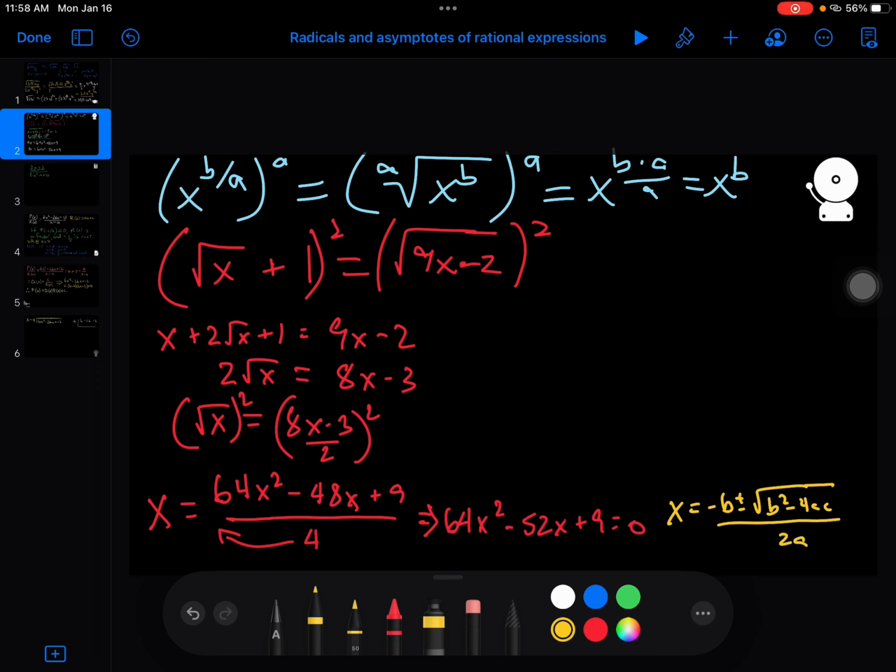Check, make sure that our b squared minus 4ac is going to be at least 0. What do we get? B squared, negative 52 squared is the same as 52 squared. That's 2704 minus 4ac. Oh yeah, we're in the clear there for sure.